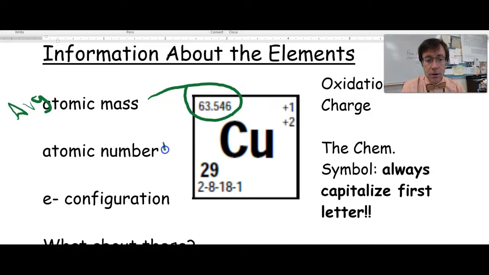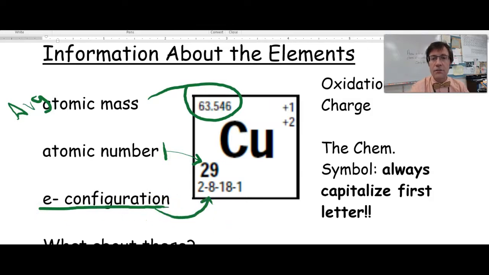Now, atomic number, if you remember, right here, this is the number of protons. Electron configuration, we just talked about that earlier, right? Number of shells, number of electrons in each shell. We read it from left to right going this way, so it looks like copper has one valence electron.